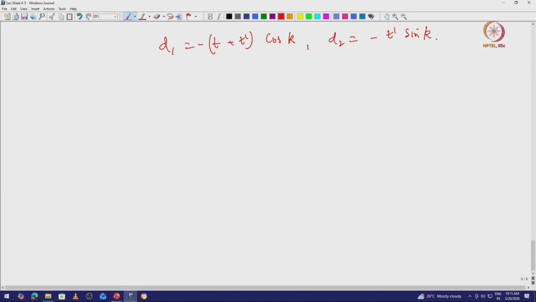So, our strategy is to go from minus pi in k space to pi, and correspondingly we want to see what loops we form, and that would lead to what sort of band structure.